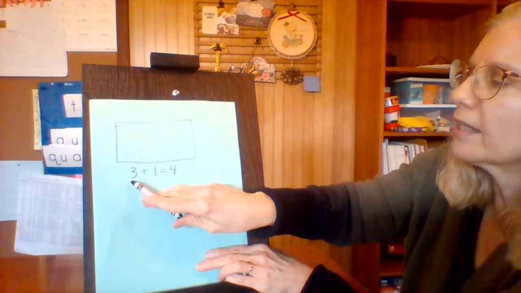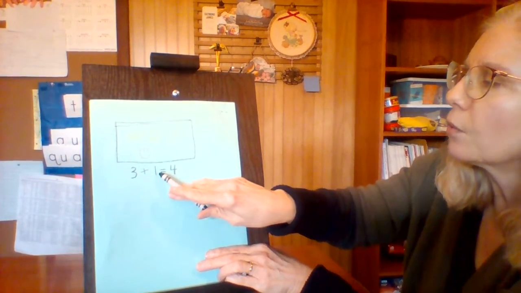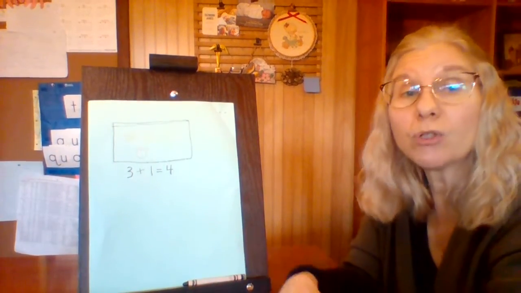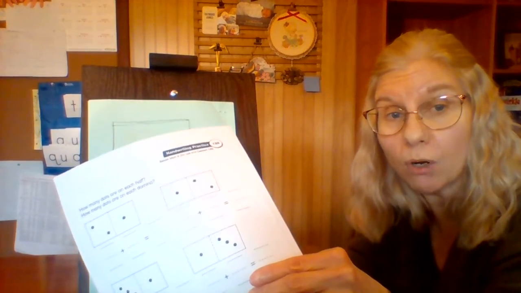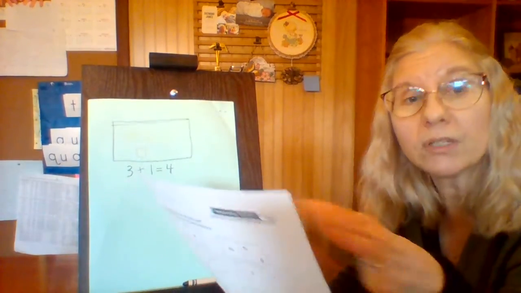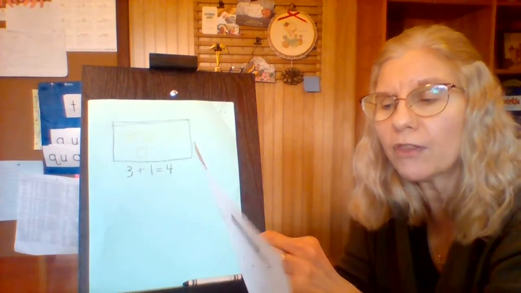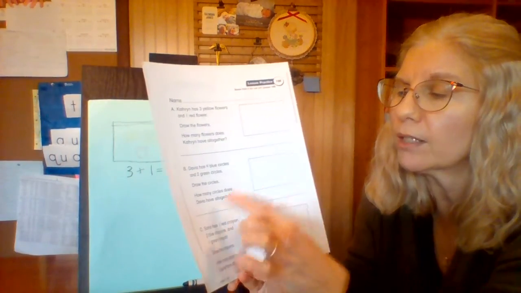So let's say the number sentence together. 3 plus 1 equals 4. I am just going to read the other 2, and you can pause the video and draw, and then pause the video and count, and just write all the numbers in. You need to draw the picture in the square or in the rectangle, and then write the number sentence below.